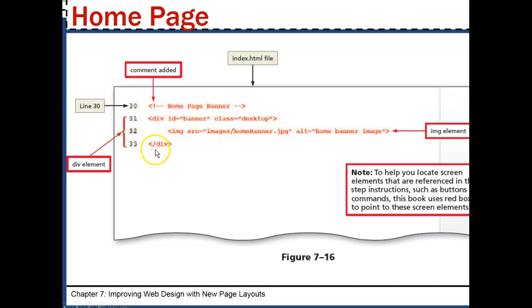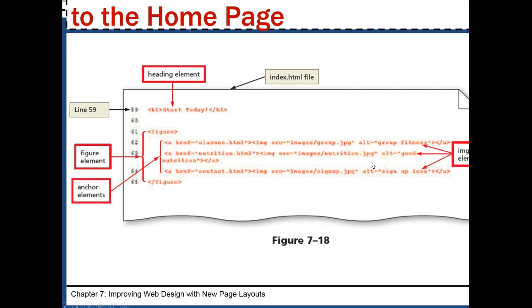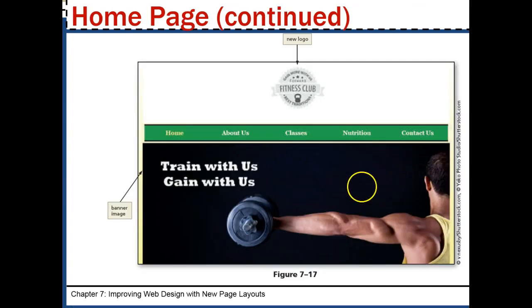So this will be basically your div element here. So in here you can see what we are talking about, basically a banner image that you can have for the fitness club.